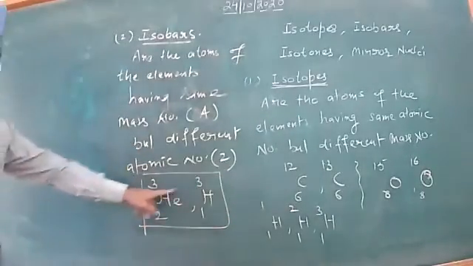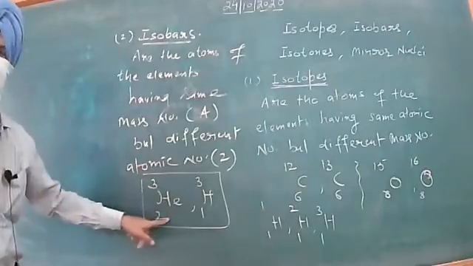These are the two states having the same A, but their Z is different.